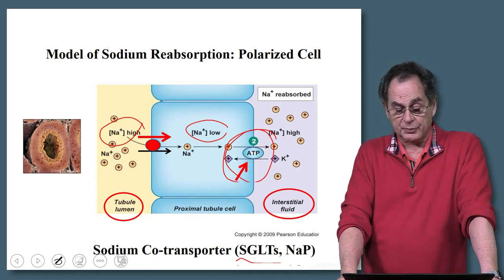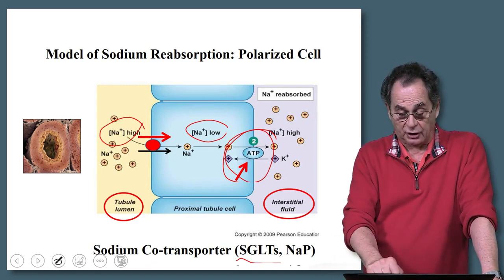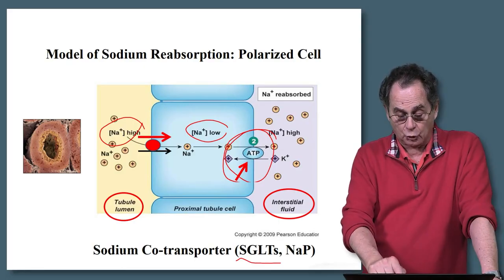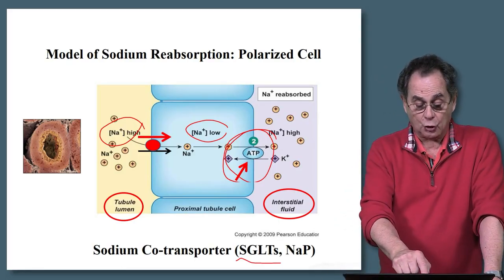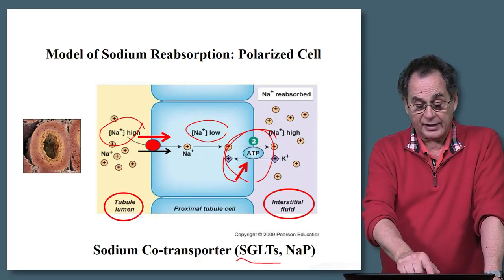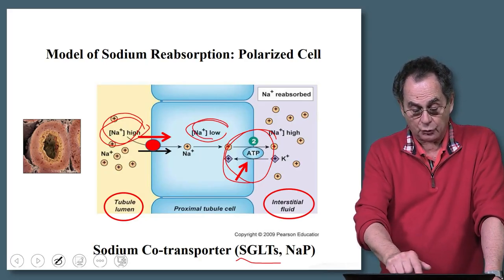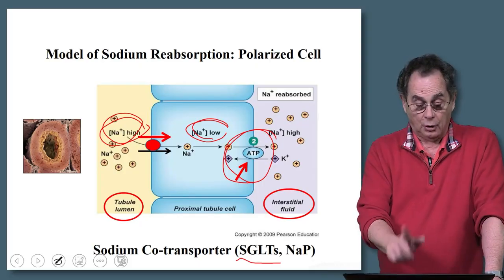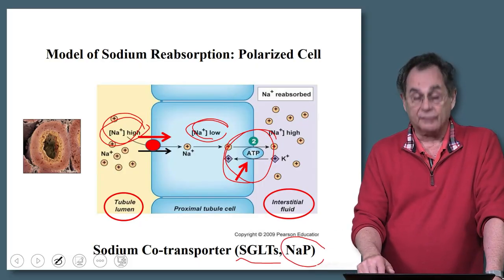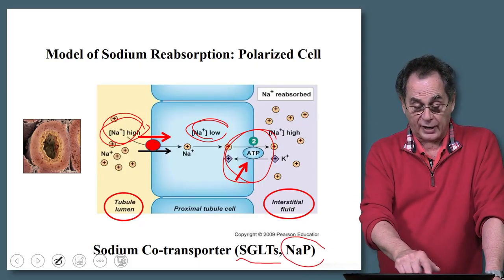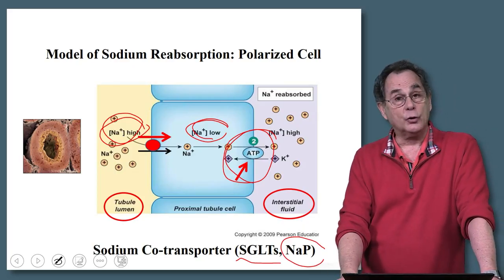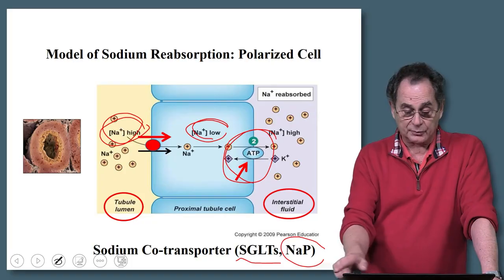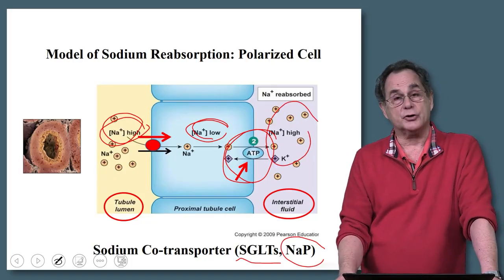And that includes, in this particular example, SGLTs, which stand for sodium glucose transporters. So this could be a sodium glucose transporter in which the gradient of sodium drives the reabsorption of glucose. Alternatively, sodium phosphate transporters, in which the gradient of sodium drives the reabsorption of sodium and phosphate, and then subsequent entry into the interstitial space.